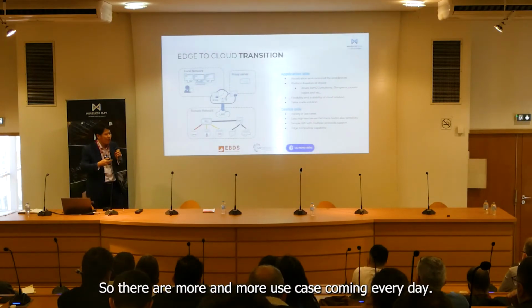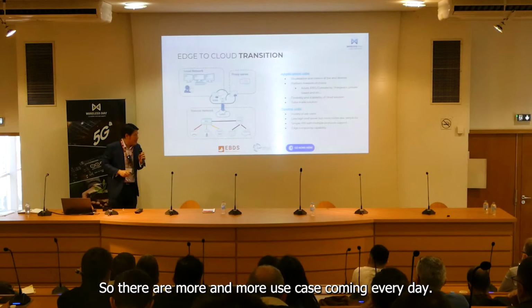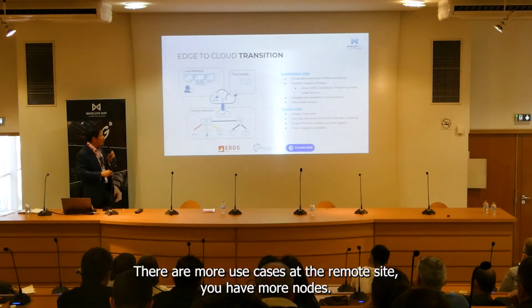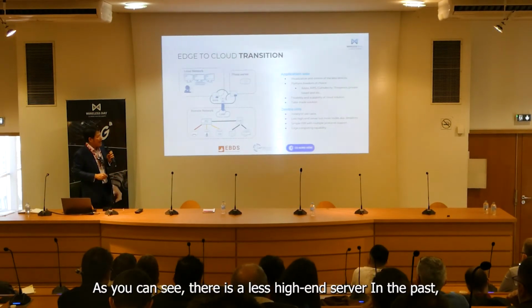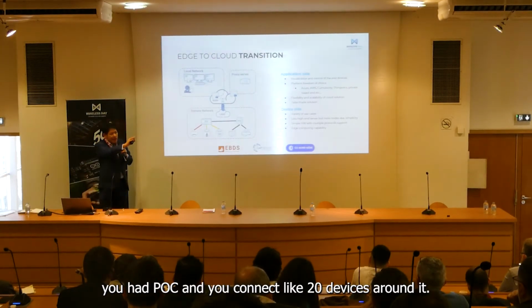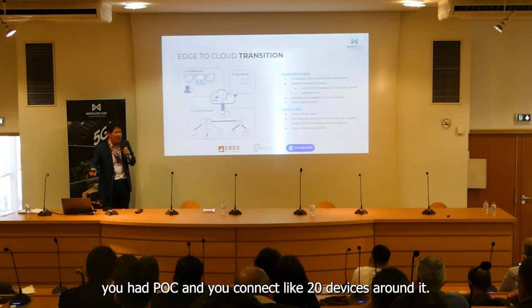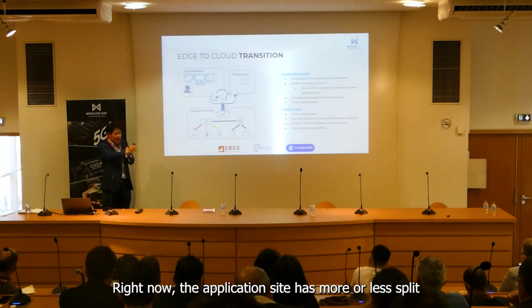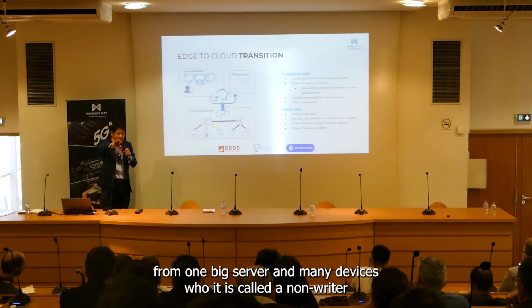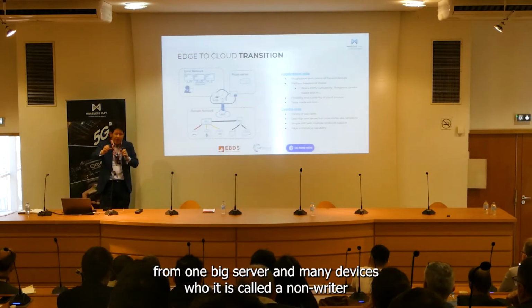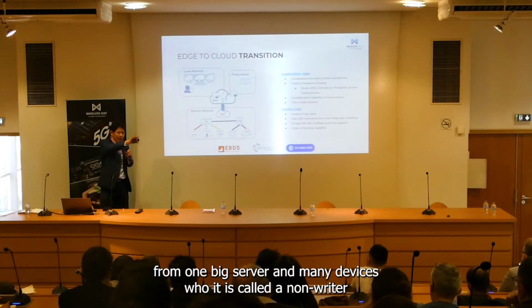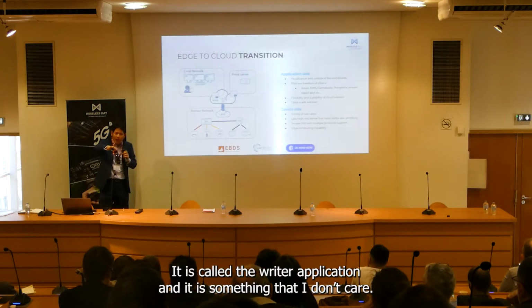So there are more and more use cases coming every day, and you have more nodes. And we can see there's less of a high-end server. In the past, you had a PLC and you connected like 20 devices around it. Right now, the application side is split from one big server with many devices into parts: this is for the non-vital, this is for the vital application, and this is something I don't care about.